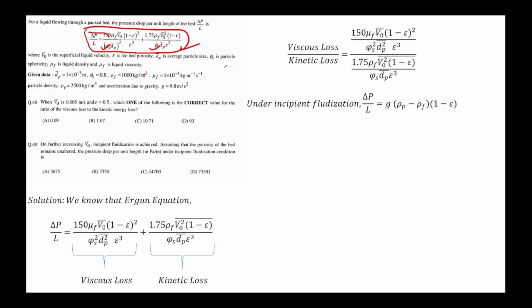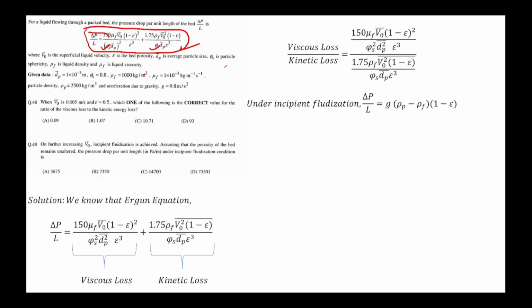On further increasing V naught, incipient fluidization is achieved. Incipient means minimum fluidization. Assuming the porosity of the bed remains unaltered, find the pressure drop per unit length under incipient fluidization. Actually, incipient fluidization and minimum fluidization are two different things. Incipient fluidization is the condition when the particle is just about to move.